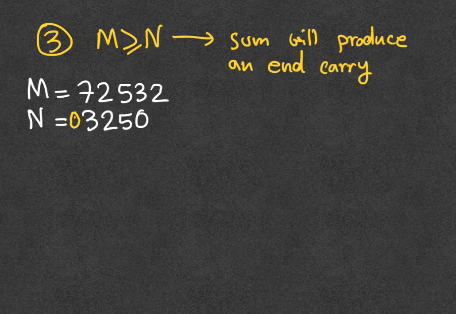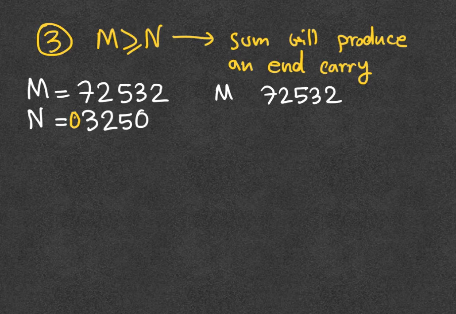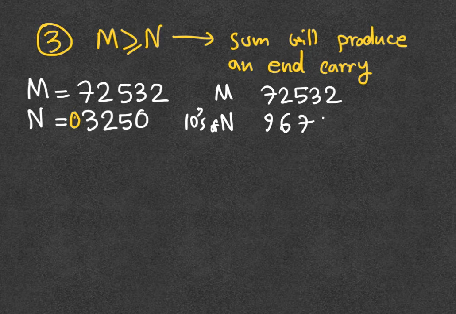So the first step, you just add m to r's complement, which is the tens complement of n, which is 96,750.